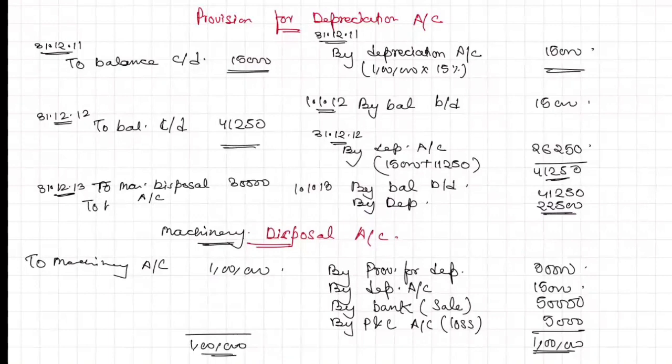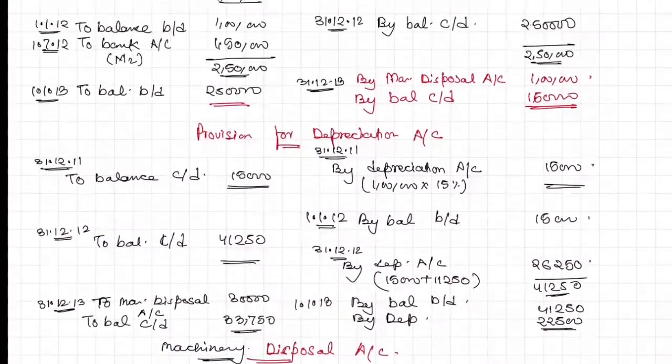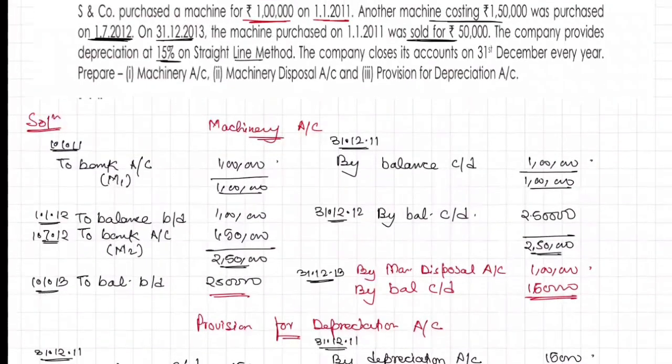And it will come to balance CD of 11,250 and 22,500. So it will be 33,750. Okay, I've just done it roughly so that you at least understand what actually happens when provision for depreciation and machinery disposal account is there.